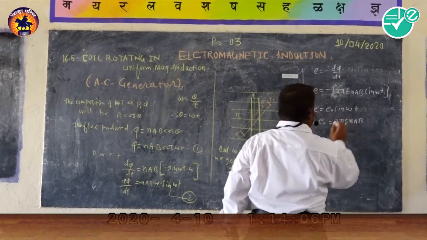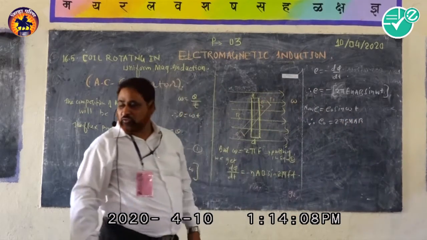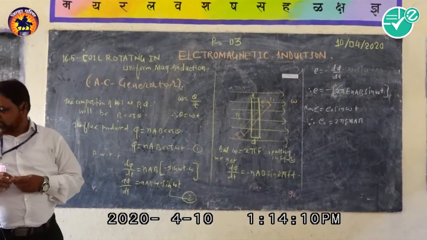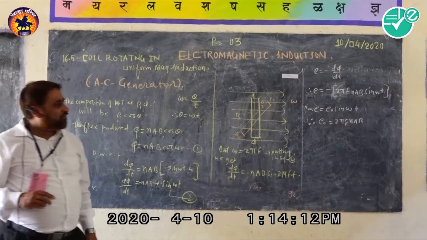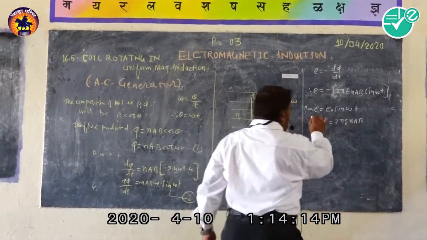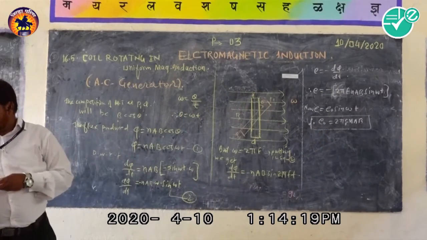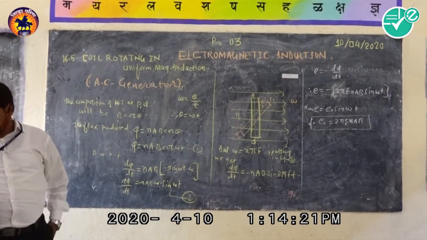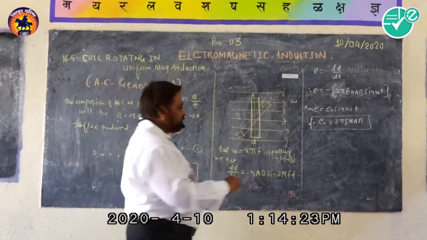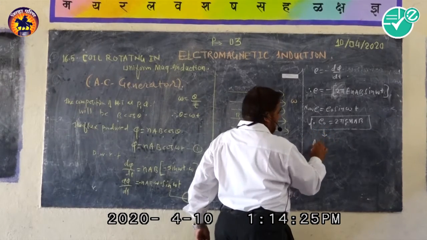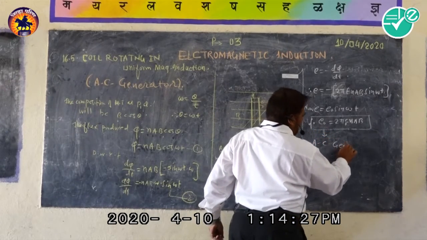So this is the peak value of EMF, which is denoted by E0, where E0 is 2 pi f NAB. This is called an AC generator.